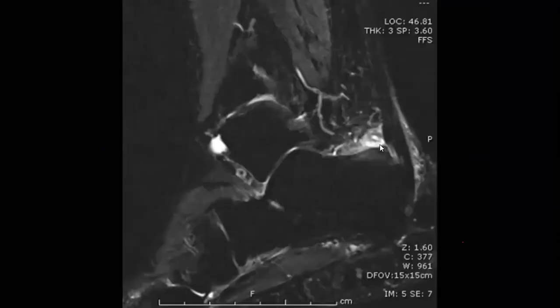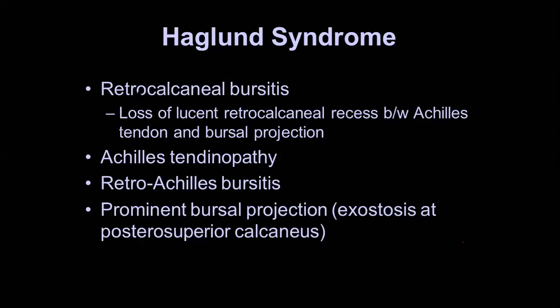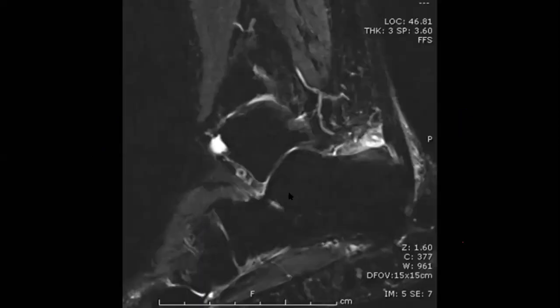Also, you find some tendinopathy, and there is marrow edema in the corresponding aspect of the calcaneus. So when you find these 3 stigmata, bursitis, tendinopathy, and maybe some edema in the calcaneus, that is what's called Haglund, right?